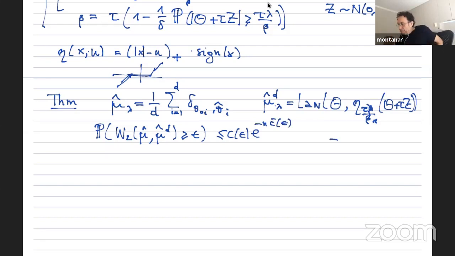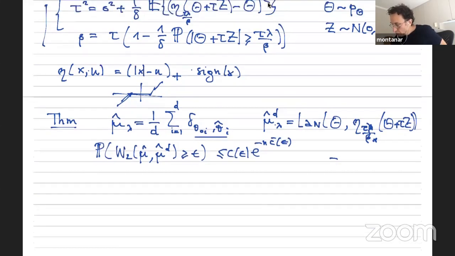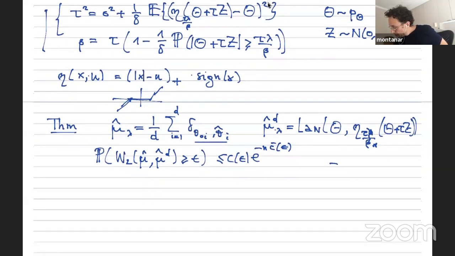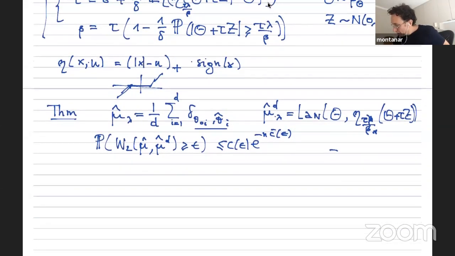So basically what this theorem is telling you is the complete joint empirical distribution of the true parameter vector and of the lasso estimates, in terms of the solution of these two equations. You solve these two equations, this is very easy. This gives you two parameters, tau and beta, and then you compute these two random variables.